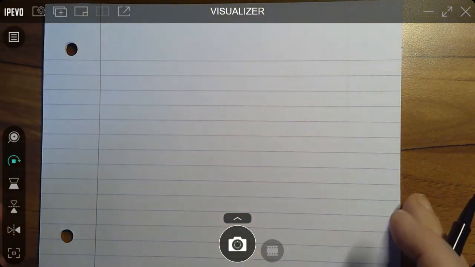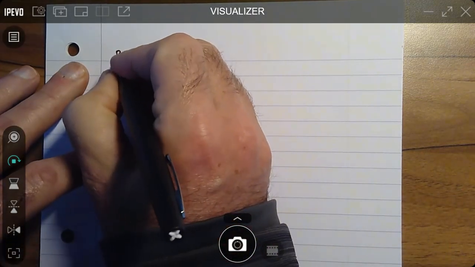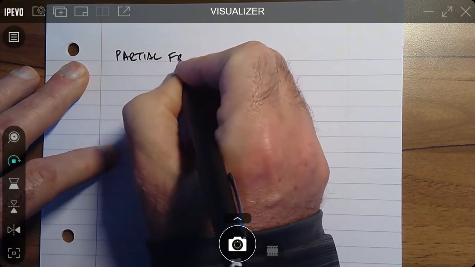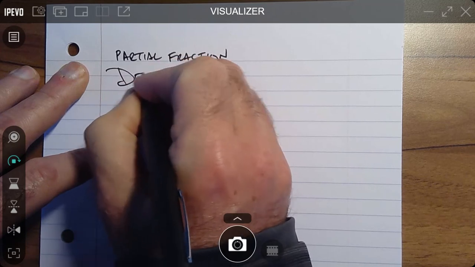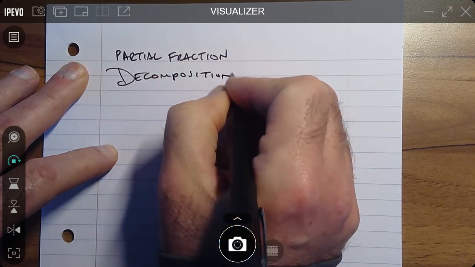Instead, let's jump into the partial fraction idea. Okay. So partial fraction decomposition is the idea that, I guess I should write that down at least once. There we go.